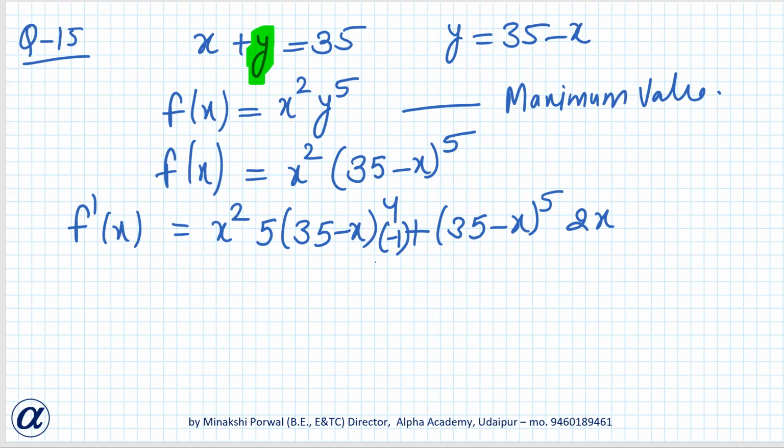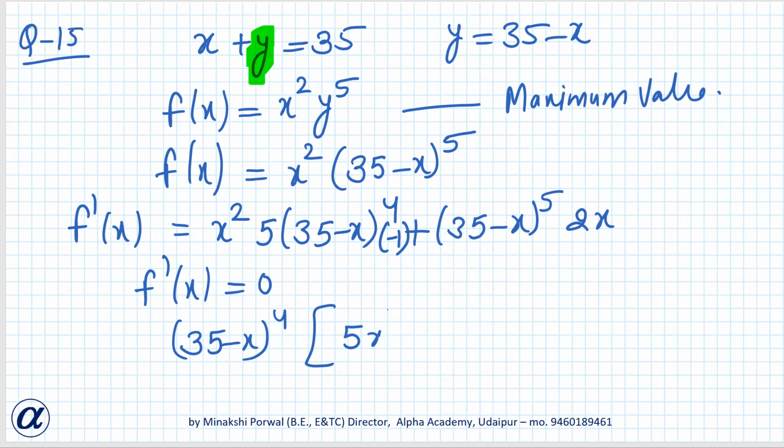Now when we put f dash x equals 0, (35 minus x) to the power 4 will come outside: 5x square times minus 1 plus 2x into (35 minus x).